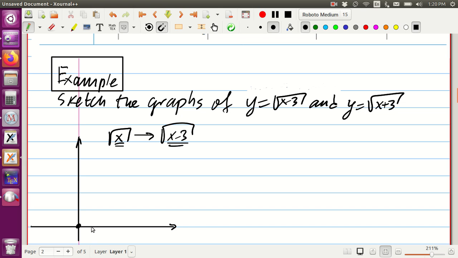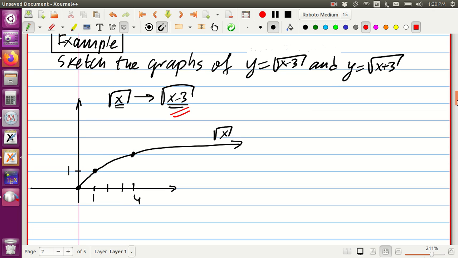So let's plot square root of x. We know at 0 it's 0, at 1 it is 1, and at 4 it is 2. So we have this kind of a graph, and this is square root of x. Suppose in red we're going to do square root of x minus 3, which shifts each point 3 units to the right. So we count.